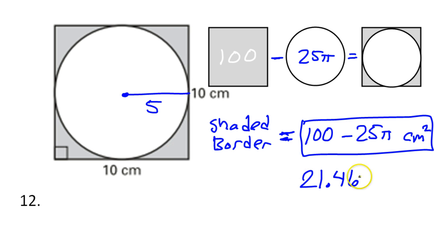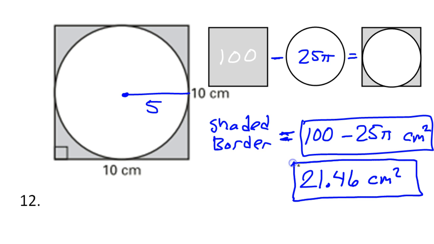And again, shaded area, so that's square centimeters. So that one was a little tricky if you're not used to it. But again, anytime you want the area between two shapes, just take the outer shape and subtract the inner shape.